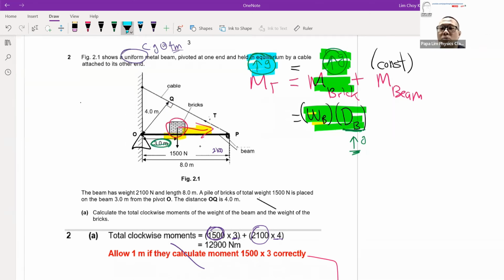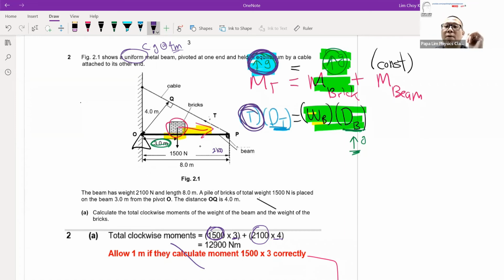For the anti-clockwise moment, the rope is fixed, so the perpendicular distance of T is constant. You can't change the rope. So the only way I can increase the anti-clockwise moment is to increase the tension in the rope.